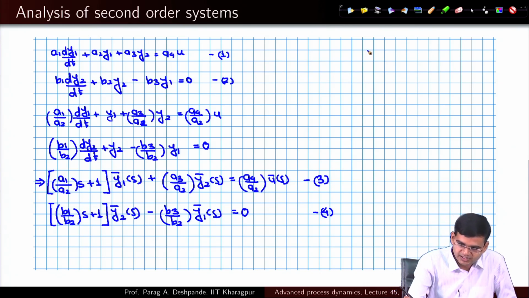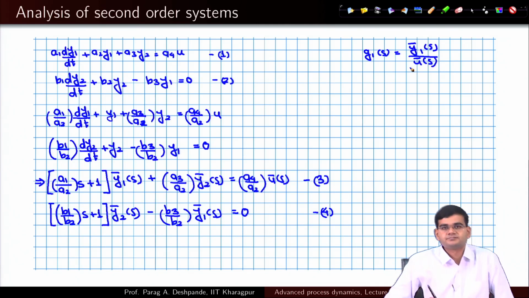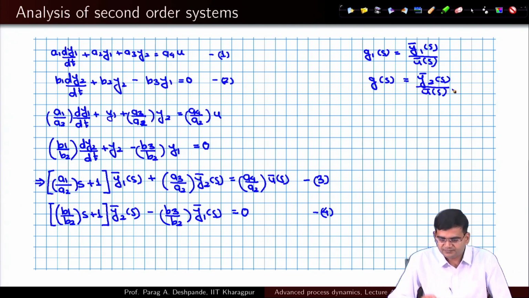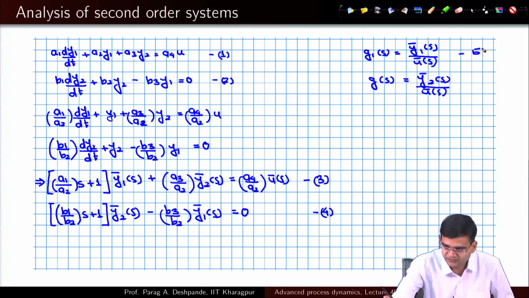One is G1 of S, which would involve y1 bar of S divided by u bar of S, and my overall transfer function G of S would involve y2 bar of S divided by u bar of S. Now, I have two equations and therefore, I can solve for y1 bar of S and y2 bar of S in terms of u bar of S and get my transfer function. Okay. Transfer functions 5 and 6.